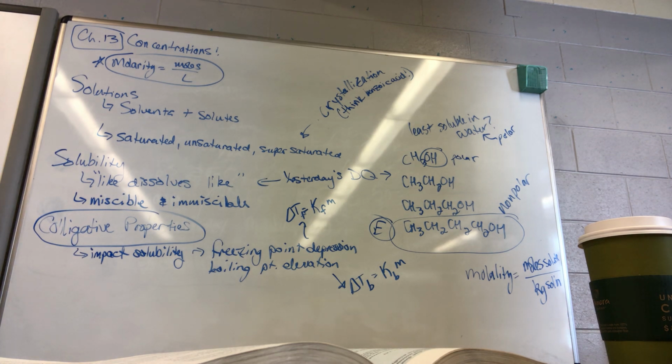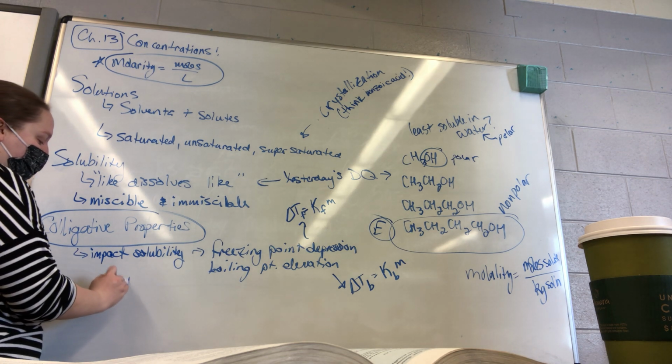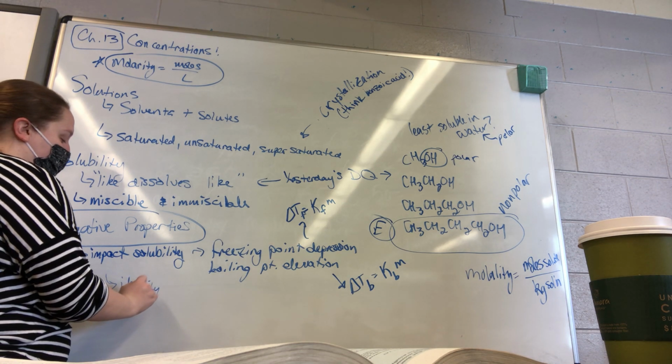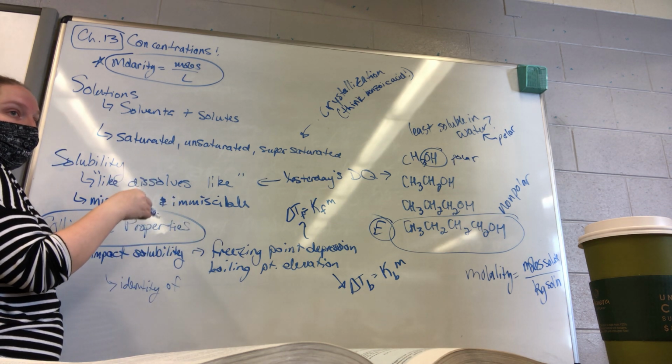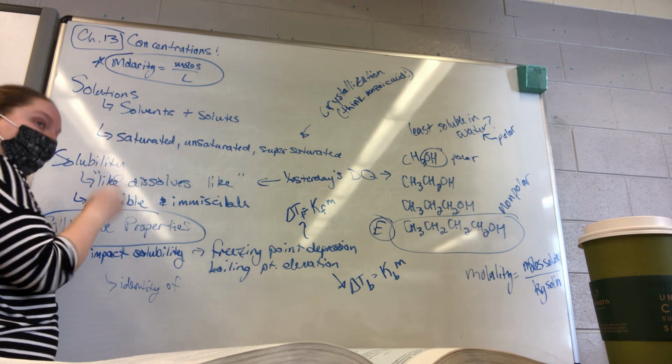If we did equal molal amounts of 3 or 4 different substances added to our freezing water, we should see the same exact change in freezing point or boiling point. Identity of the solute does not matter. The amount present does on colligative properties.